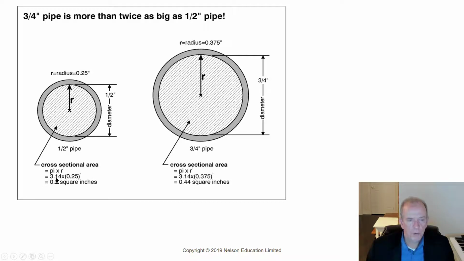If you go pi r squared and you do your calculations for square inches, you'll very quickly see that the square inches for this, it's supposed to be pi r squared, will give you 0.2 square inches, and 3.14 times 0.375 squared will give you 0.44 square inches.